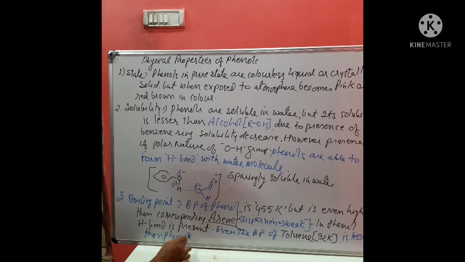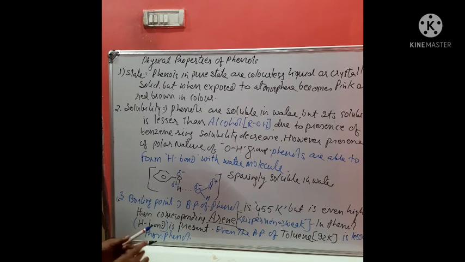Now, the same reason. What is the same reason? In case of toluene, again, only dispersion force is present. But in case of phenol, strong intermolecular hydrogen bonding is present. And you know that the intermolecular hydrogen bonding magnitude is very, very high.